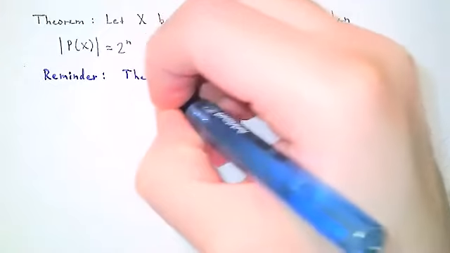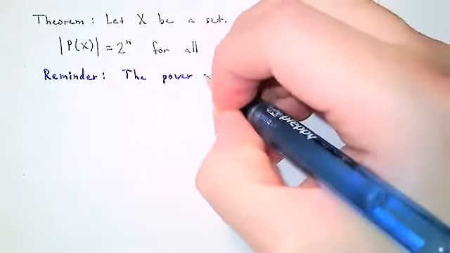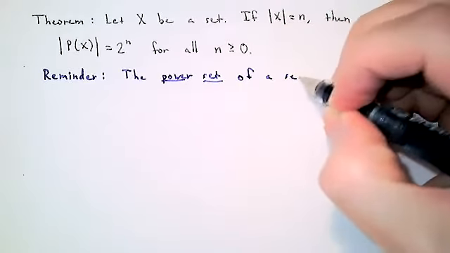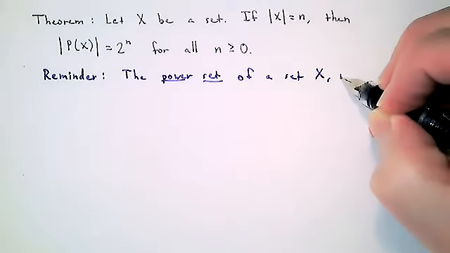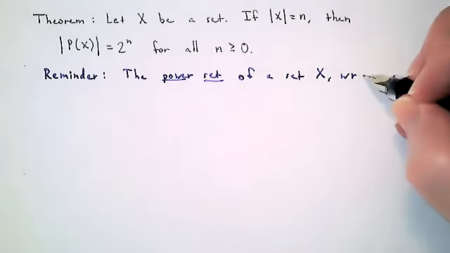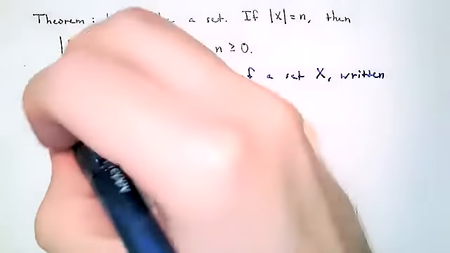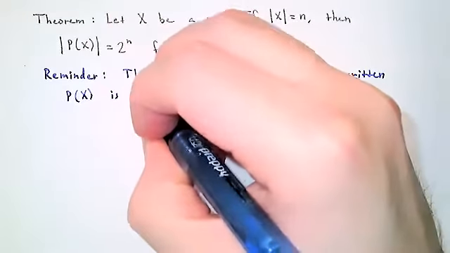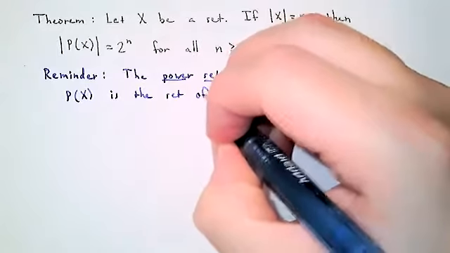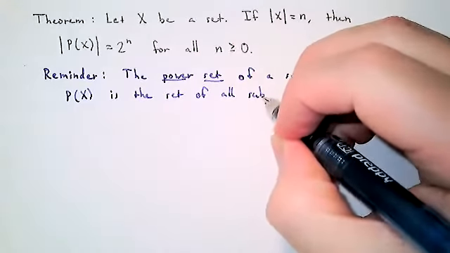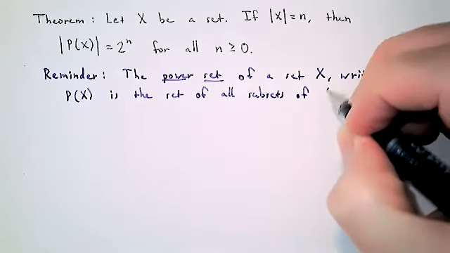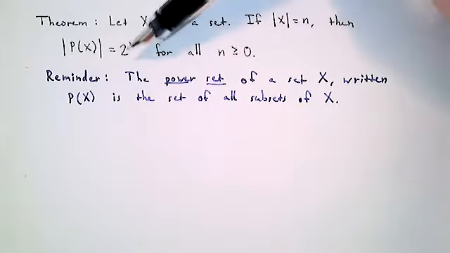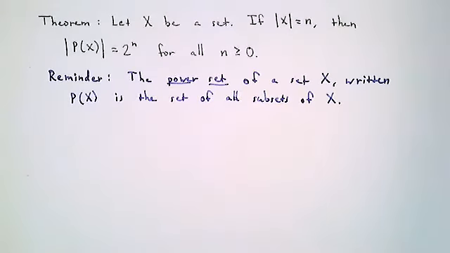So remember, the power set of a set X, and we use this notation P of X, is the set of all subsets of X. Okay, so basically in this problem, we're trying to count the number of subsets of another set that we're calling X.